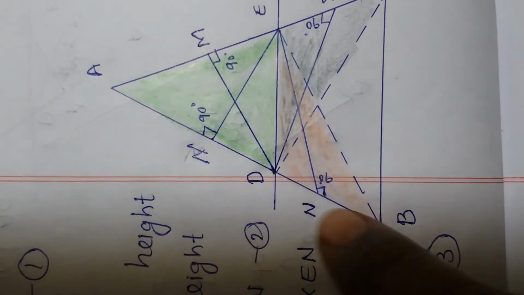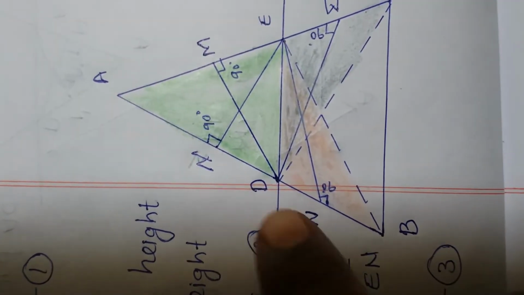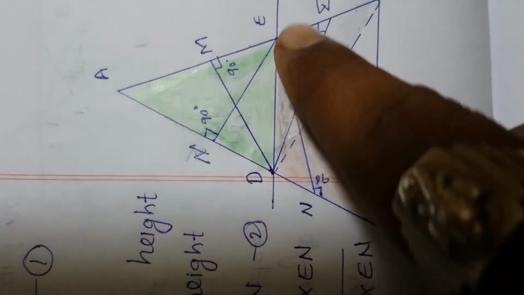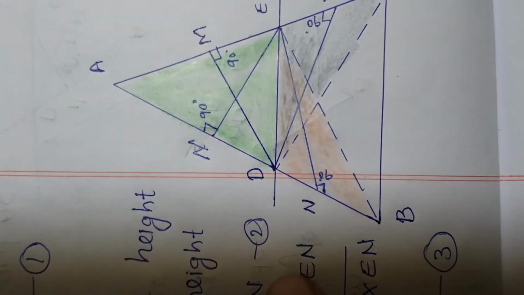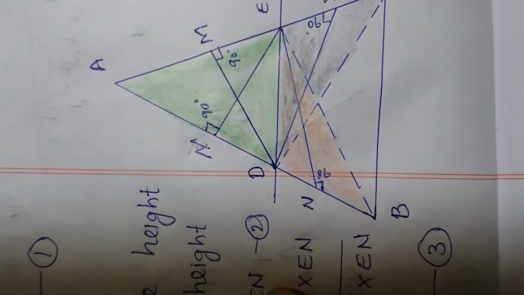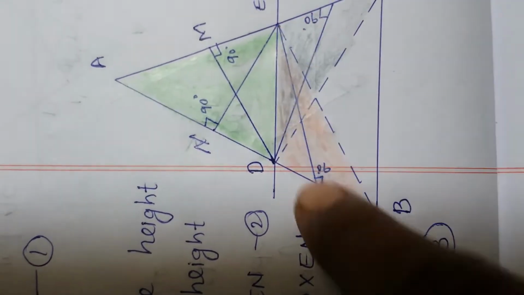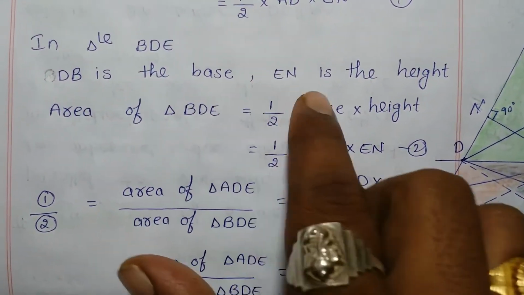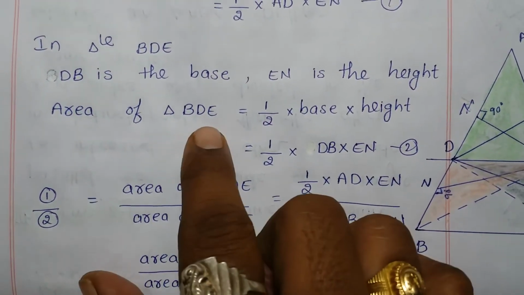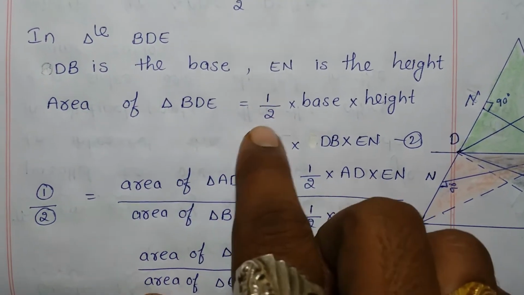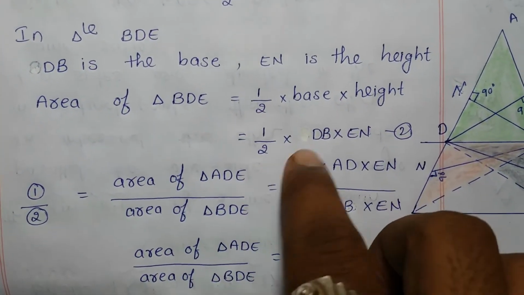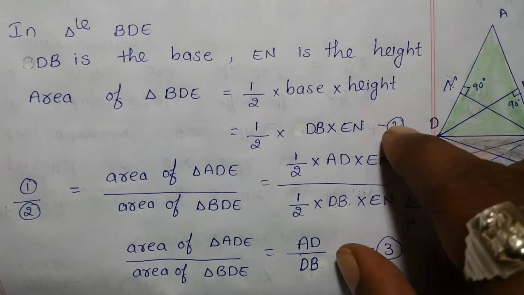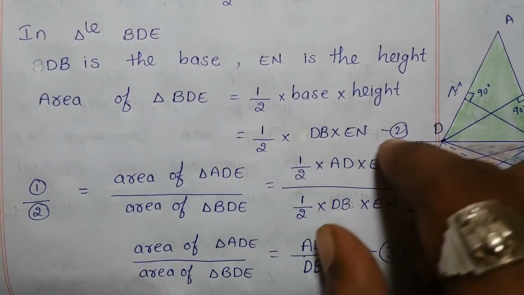So area of a triangle is half base into height, half DB into EN. Area of triangle BDE is equal to half into DB into EN. So this is equation number 2.